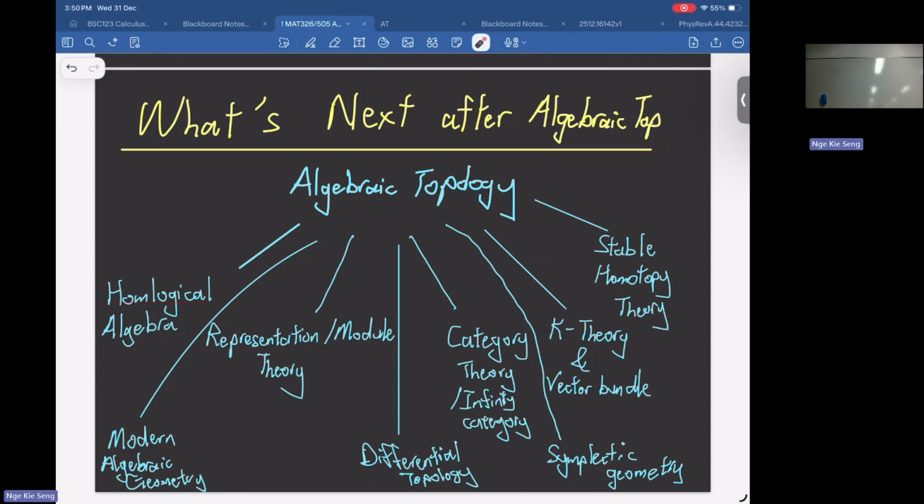Oh, okay. And then more to that, you can go to differential topology. So you combine differentiable manifolds with topology. And symplectic geometry actually is the mother of all maths. Basically, you have to learn everything to appreciate this subject. And then you can go to algebraic geometry where you can consider sheaf homology. And then you will see a lot of direct limits there also.